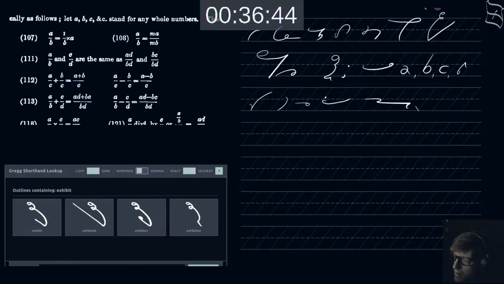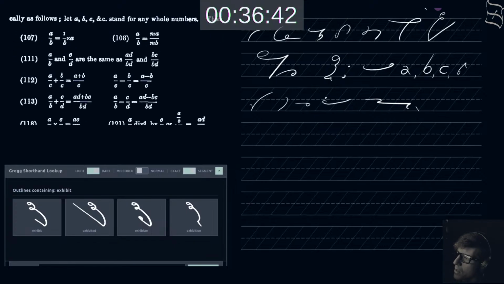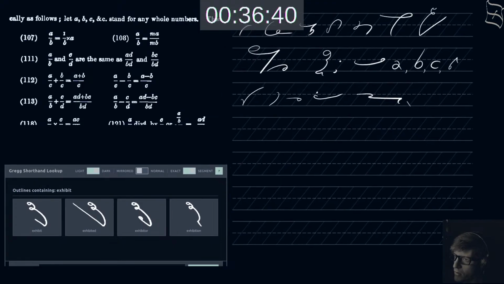Then, and then it lays out a review of all the previous articles. According to Article 107, A over B is equal to 1 over B times A.